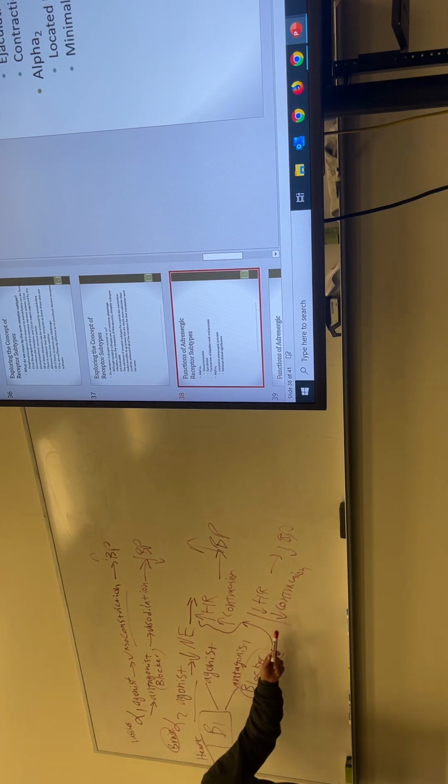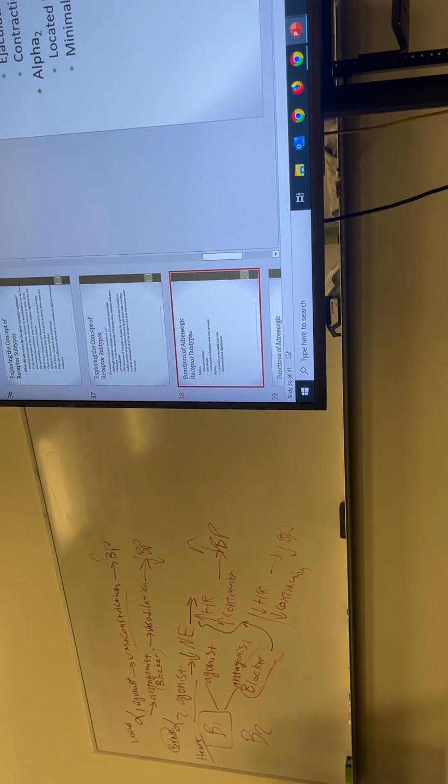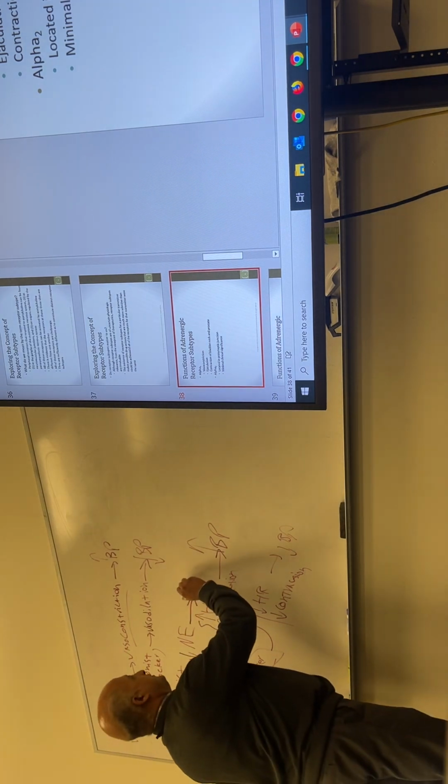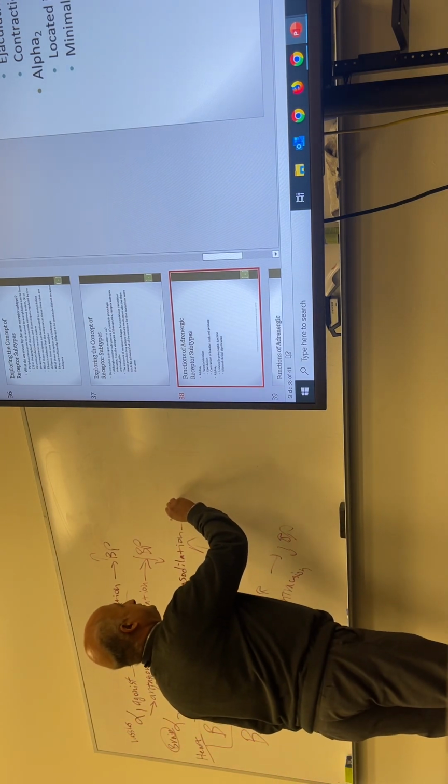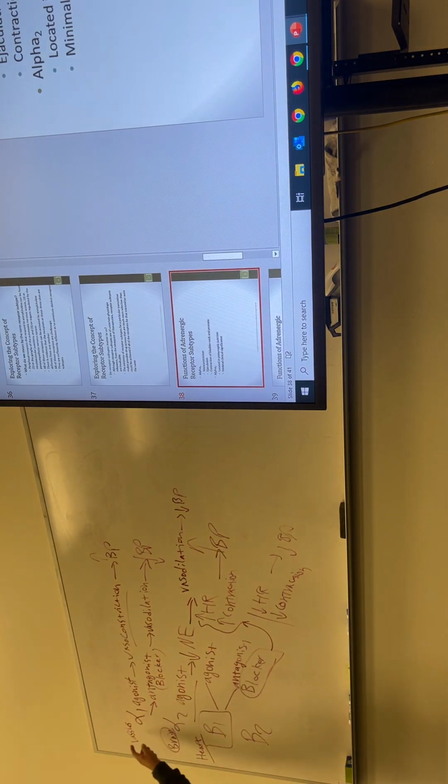Because they want to drop the heart rate and contraction and decrease the blood pressure. So we have alpha 1 antagonist, antihypertensive medication. Alpha 2 agonist, antihypertensive. Beta 1 blocker or antagonist, antihypertensive, right? You see that we have several categories of antihypertensive medications.